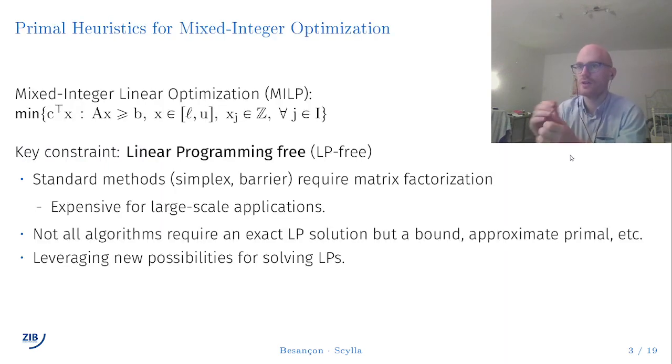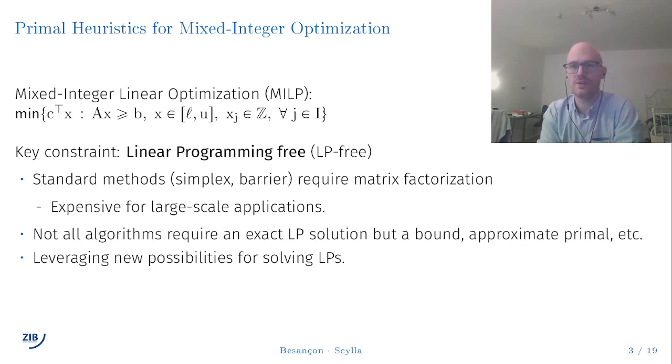Right, so mixed integer linear, or broadly mixed integer optimization, is a class of fairly hard optimization problems where you try to optimize a set of constraints with, here, for example, linear constraints, and over a set of decision variables that have to take integer values, or at least a subset of your variables has to take integer values.